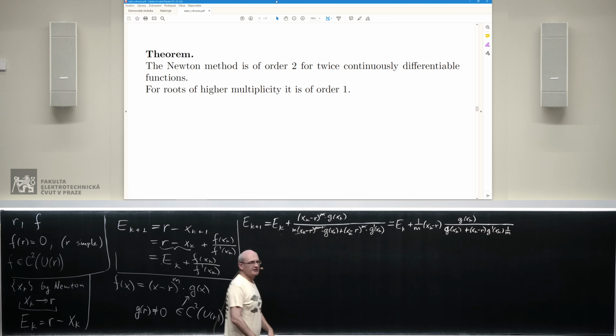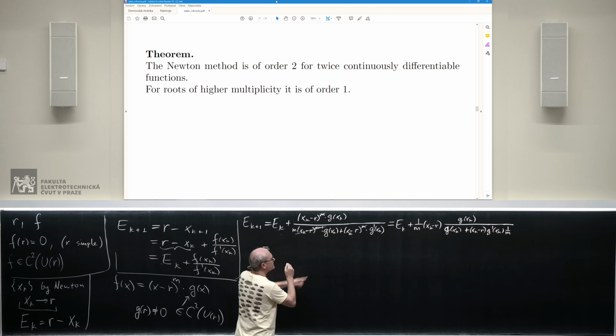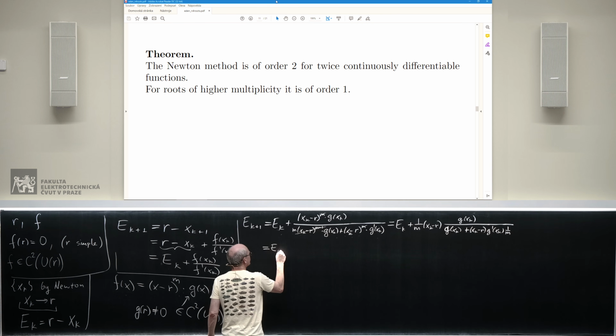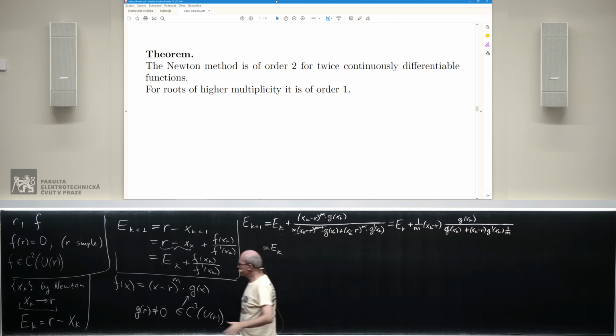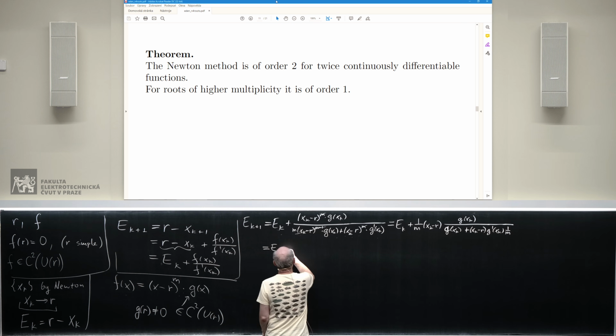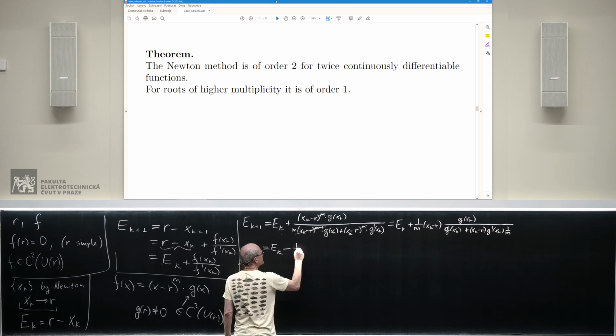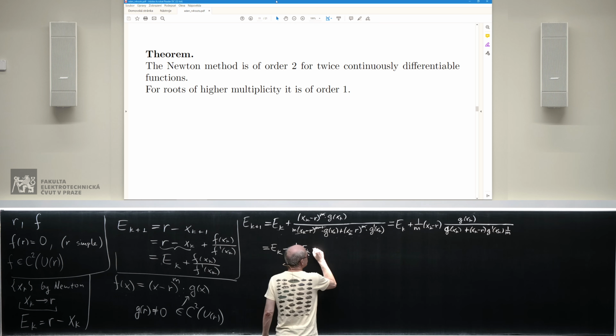Next move. e_k. Now, x_k minus r, that's almost e_k. It's just the other way around in the difference. So it's actually minus e_k. Minus 1 over m e_k. Now, this is becoming interesting. There is a chance for cancelling, I hope. But there is this fraction.